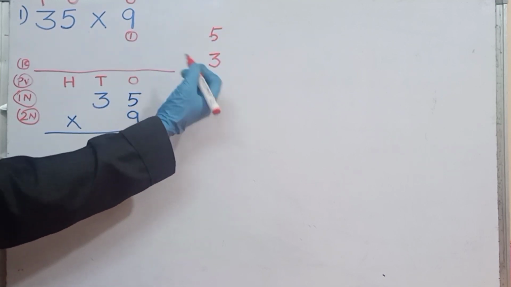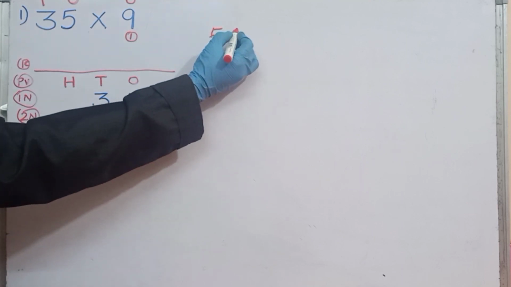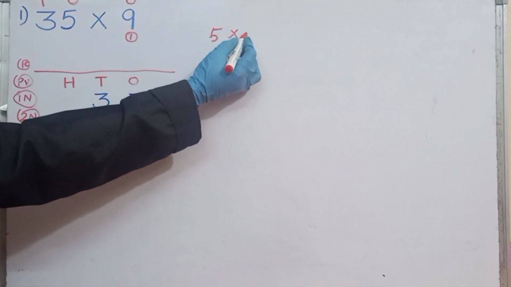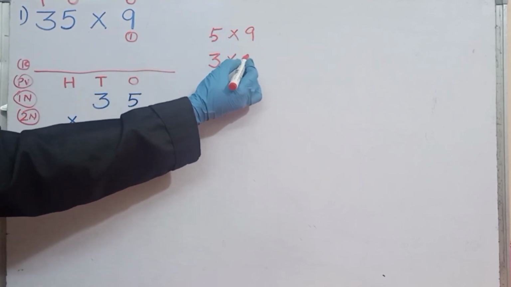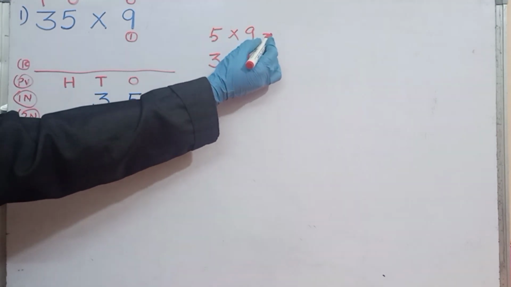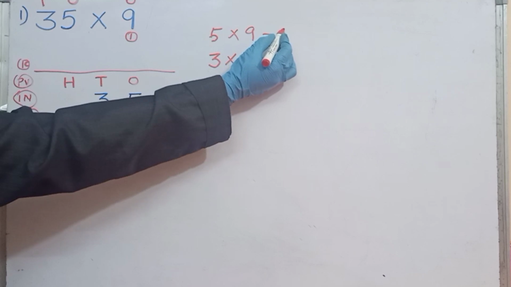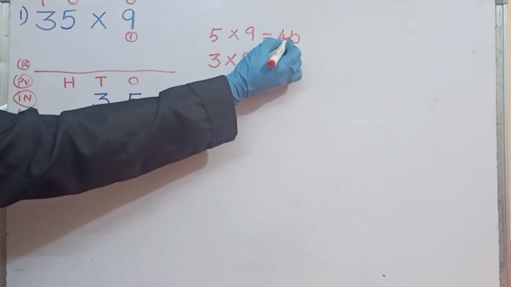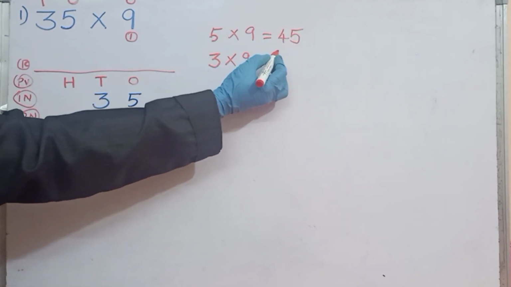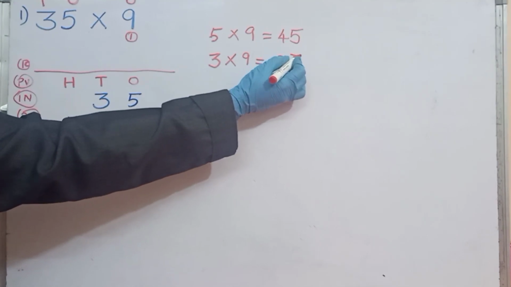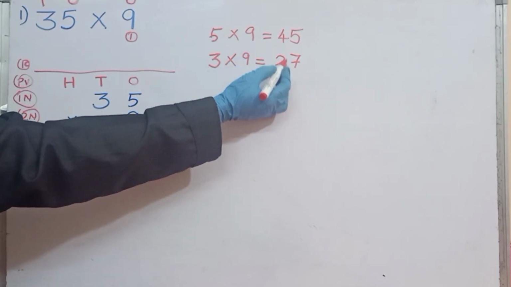Then with what am I going to multiply? I'm going to multiply with 9. So I'll write 9 over here. Then I'll write the answers for that. 5 nines are 45. 3 nines are 27. So I got both the answers.